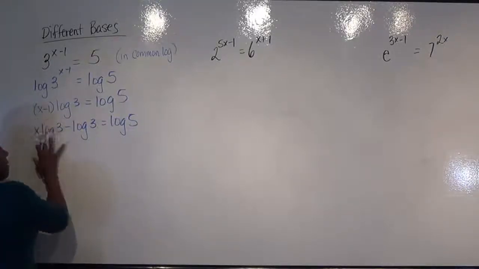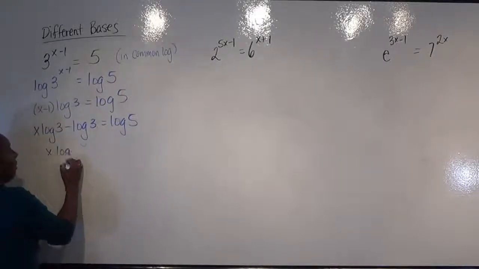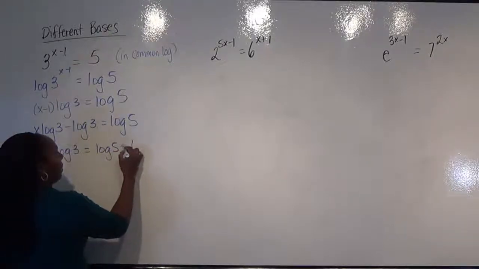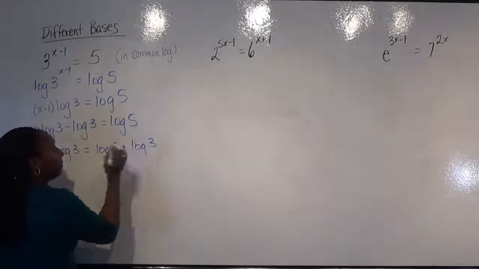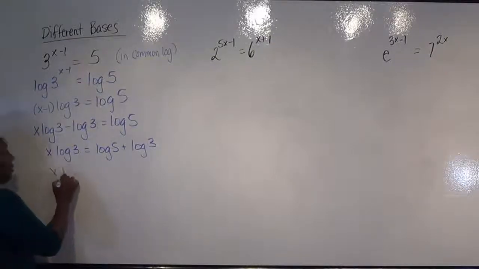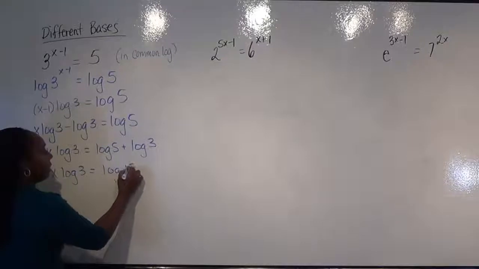And now I can get my x term by itself by moving that log 3 to the other side. Your properties will come into play here. So my x log 3 will equal log of 15.